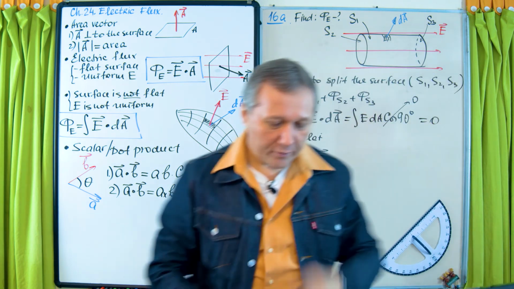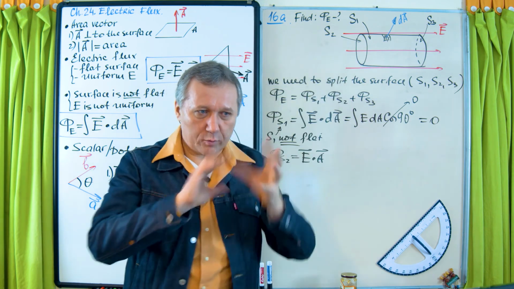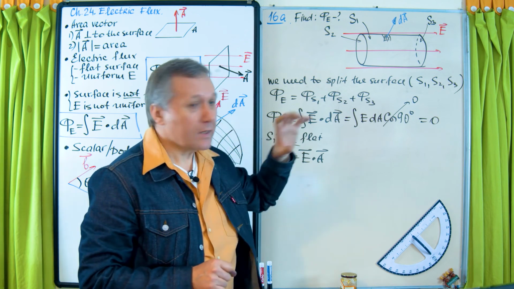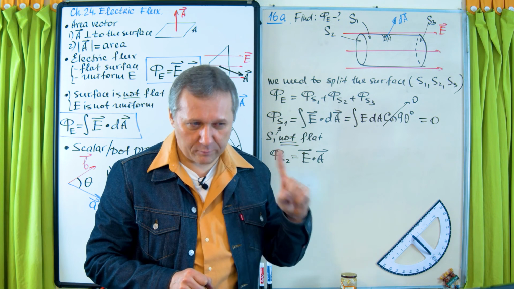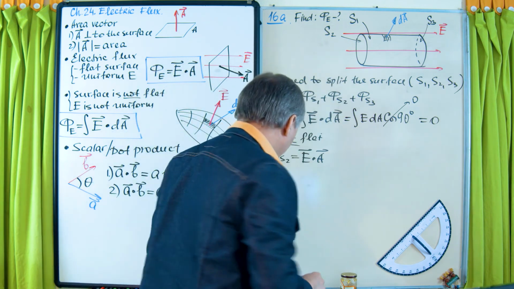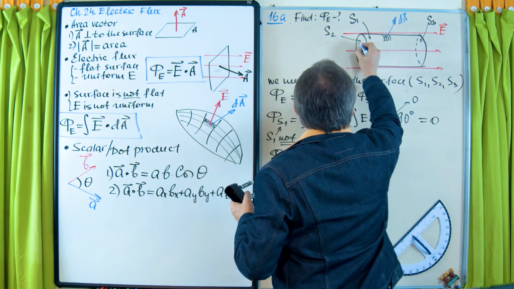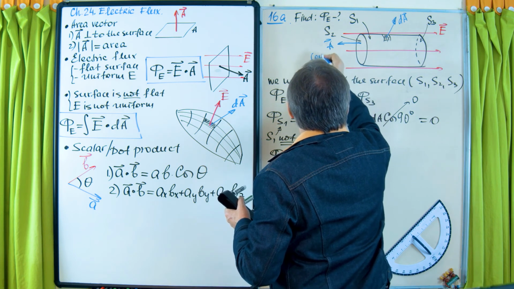Another thing which I should have mentioned: when we have closed surfaces like this, I will mention it one more time in tomorrow's lecture, the area vector must be pointing outward. So the area vector in this case is outward, that way.